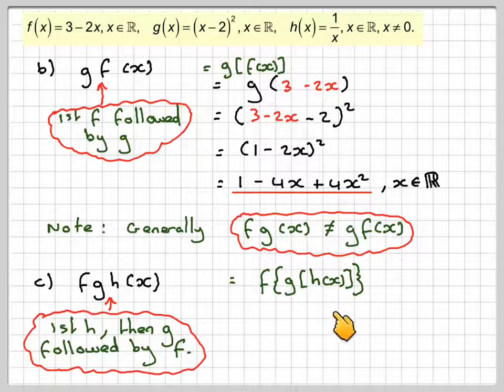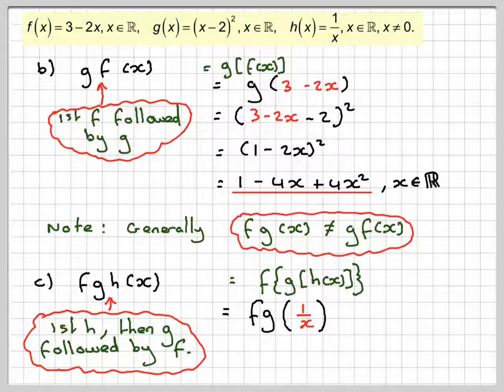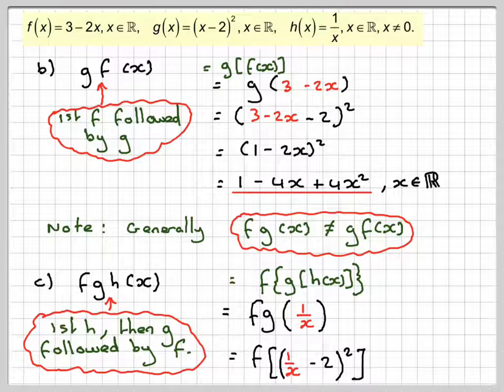First of all we're going to put h of x into g. So everywhere there is an x here, we're going to replace it with 1 over x. So it's f of g of 1 over x. Now applying g, we get 1 over x minus 2. So what we've done is put h in here.